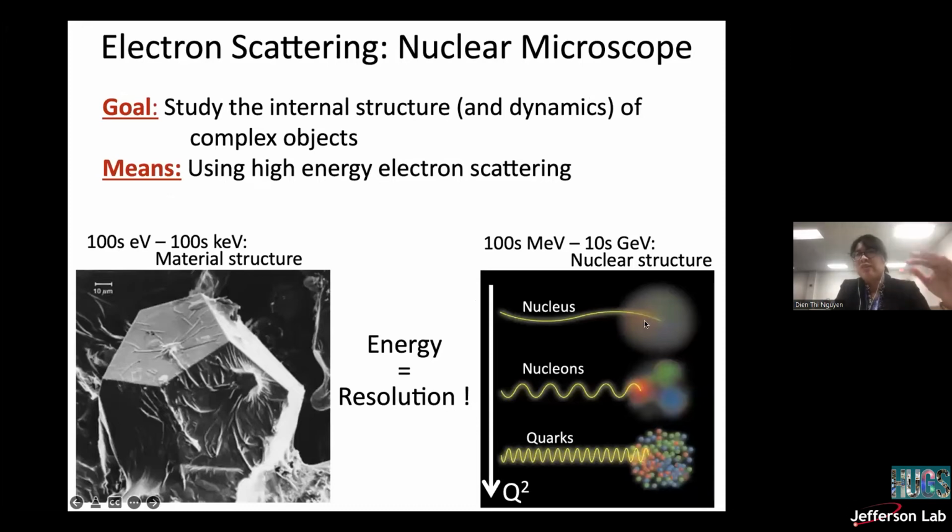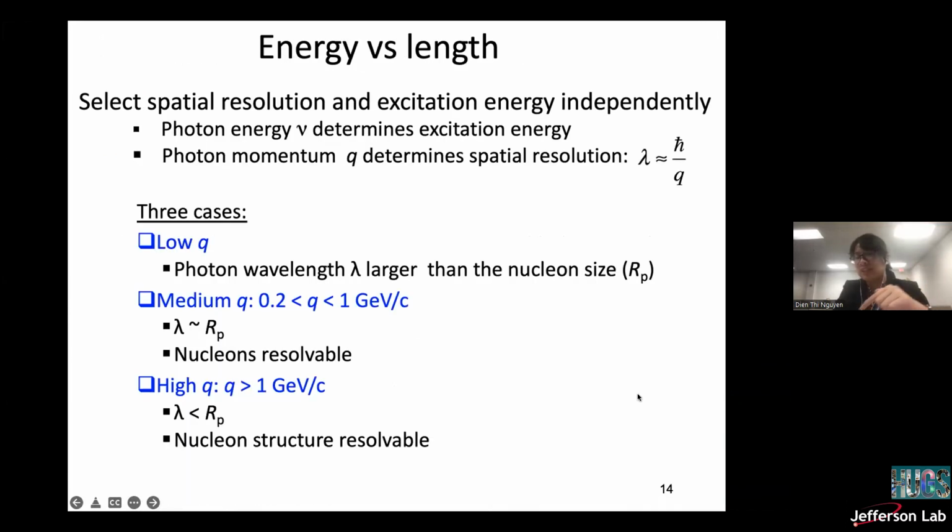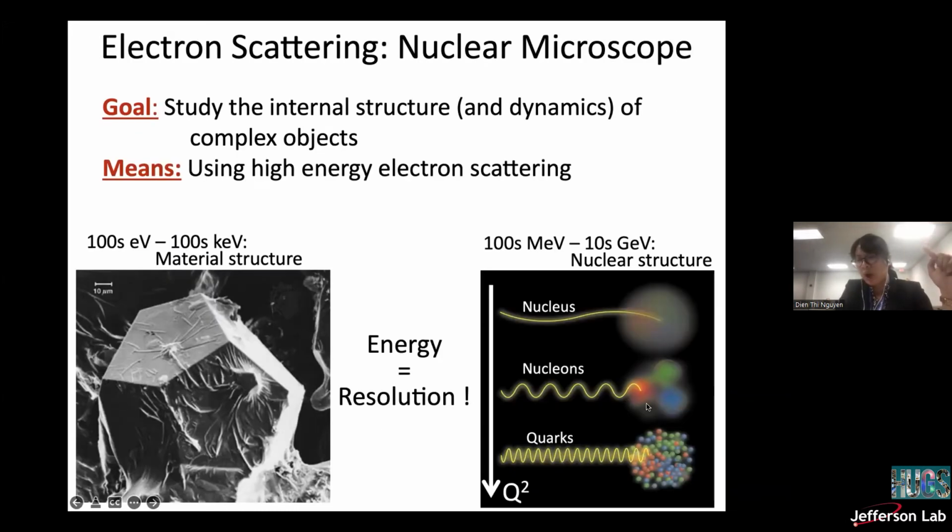So the wavelength, right? For example, here you have the radius of the nucleon, the Rp in this slide. It really depends on the wavelength of the virtual photon.